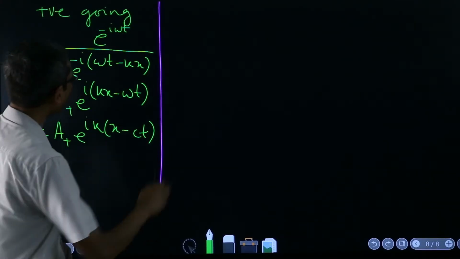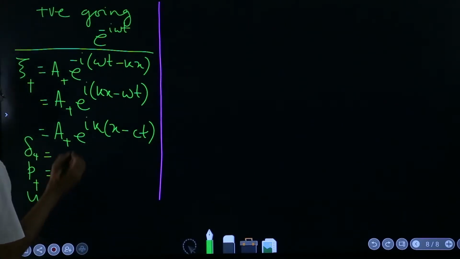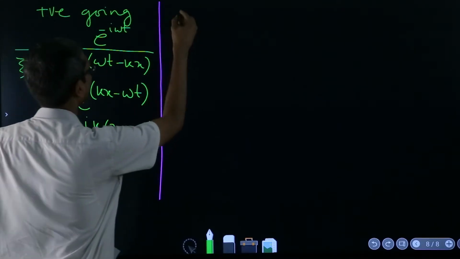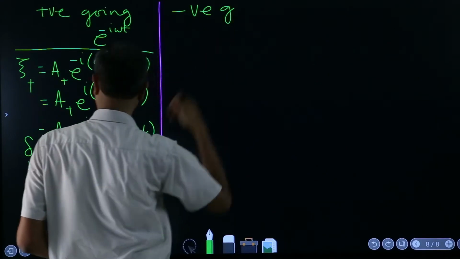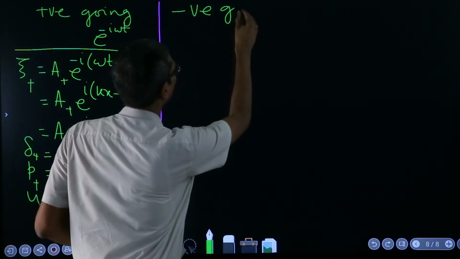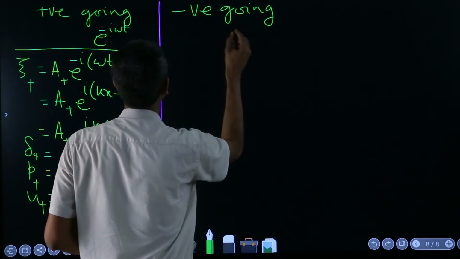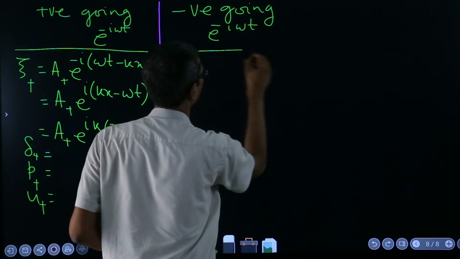Okay. So I'll write now, so you try to write these expressions. And in the meantime, I'm writing the negative going with the same e raised to minus i omega t convention.